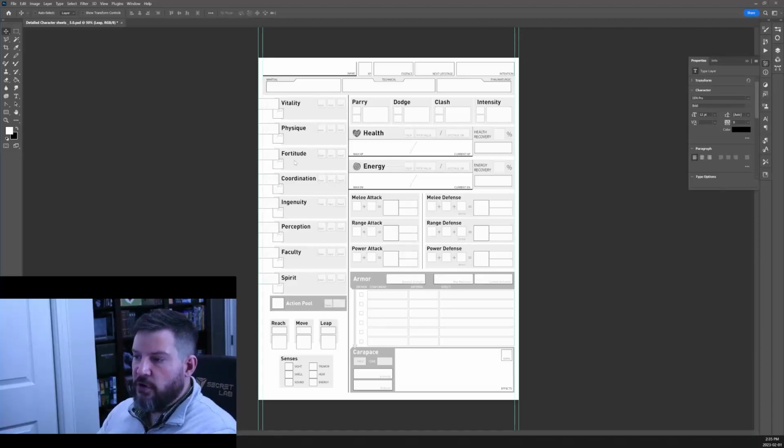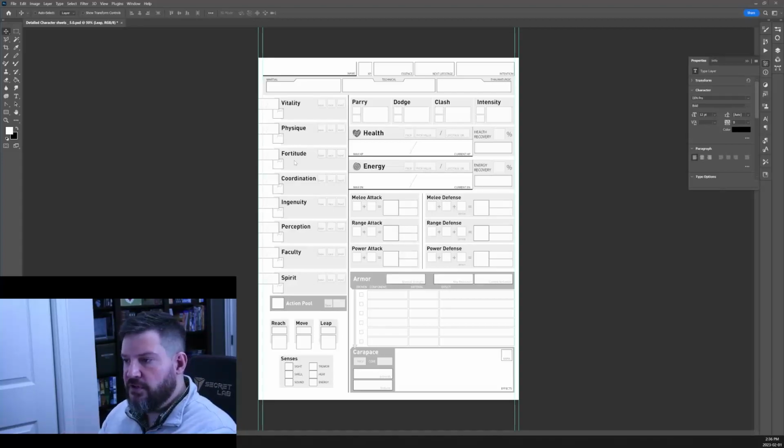Then we have fortitude, and fortitude is not simply our capacity to incur harm. It's also our ability to persevere.